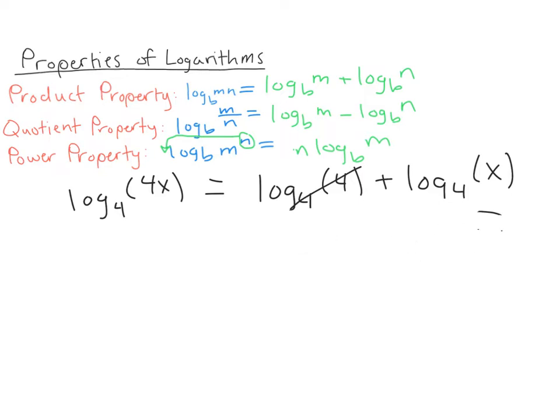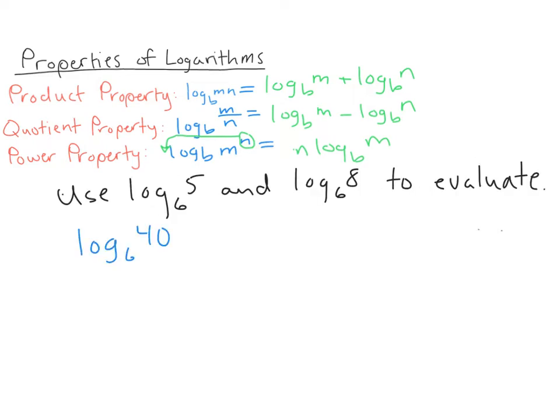Let me erase this. Alrighty, guys, so say I gave you a problem like this, and I said use log base 6 of 5 and log base 6 of 8 to evaluate this current logarithm. Well, as we know that 40 is multiplied by 5 and 8 to get it, so we can go ahead and do log base 6 of 5 times 8, right?